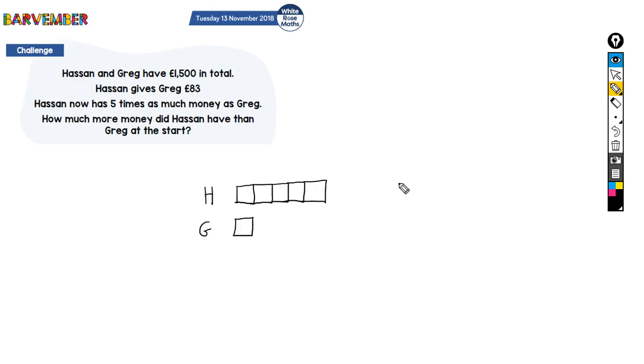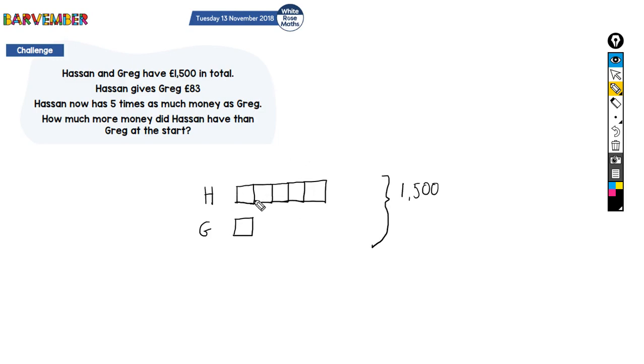And we know that in total this is 1,500. We're told that at the beginning, but no money leaves this system. No money is spent in a shop or given from outside, so there's always £1,500, no matter how much Hassan gives to Greg or Greg gives to Hassan.